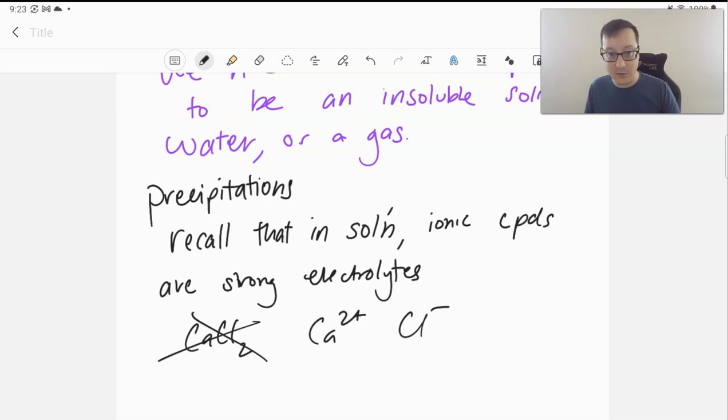And what we're looking for in a precipitation is we want to look at our solubility rules and identify if we mix two sets of ions, are we going to form something that will be a precipitate? Is it going to form a solid, something insoluble?